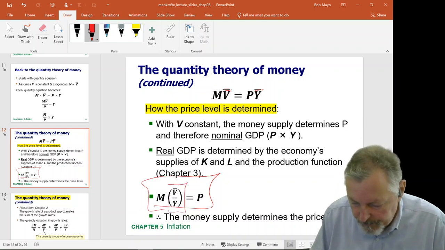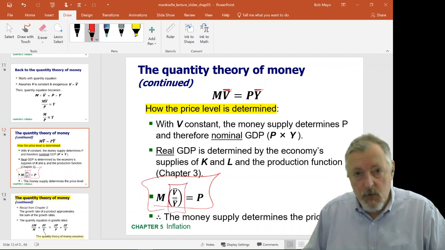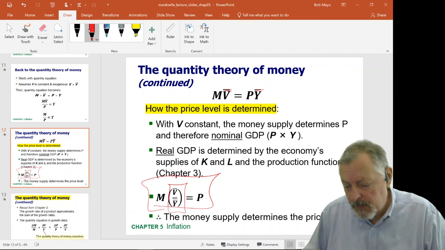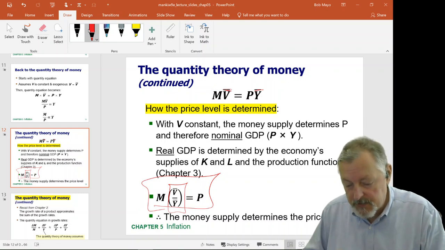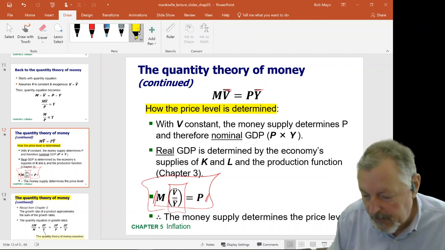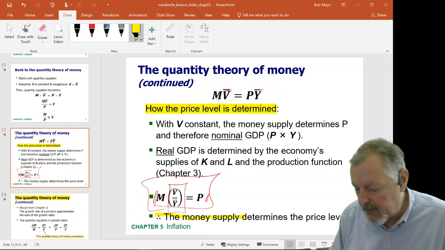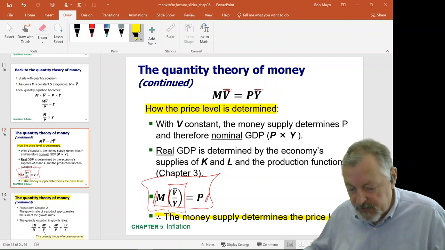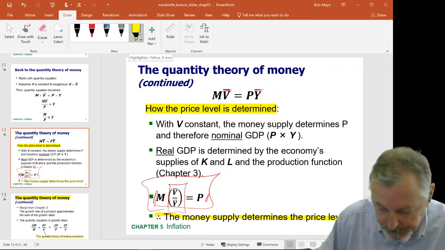This term is a constant over a constant, so it forms one constant. So changing the money supply directly changes the price level, and in the quantity theory of money, therefore, the money supply determines the price level.